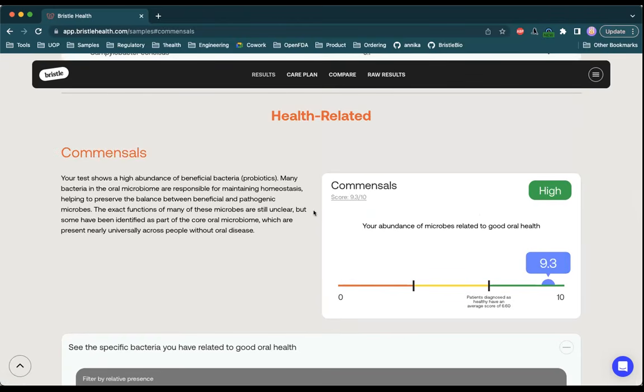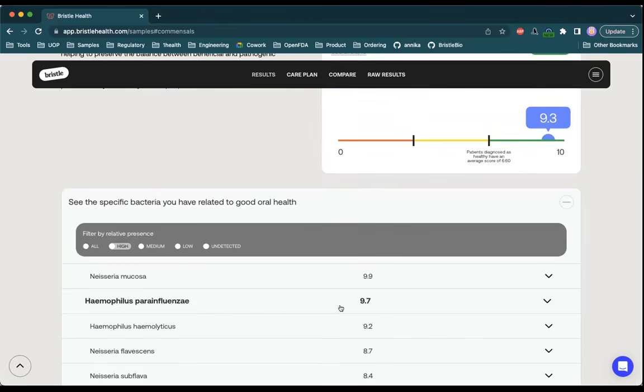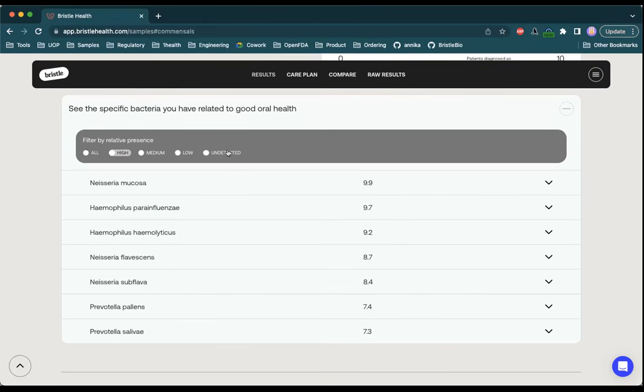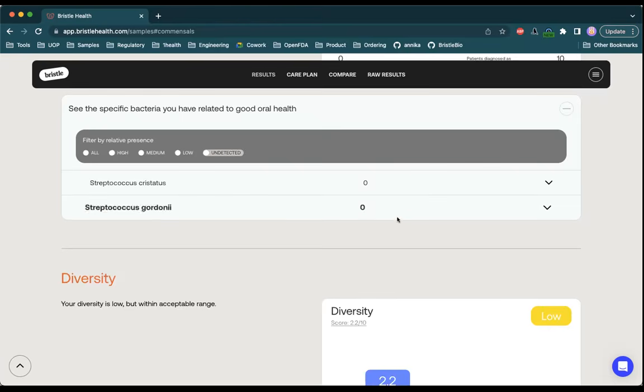That kind of gets into the commensal score. In the commensal score in here, the undetected is very important because these are the ones you kind of want to boost. Like in my mouth, I had no Strep gordonii, and this is important because Strep gordonii is really good at counteracting Strep mutans. Fortunately, I don't have any Strep mutans, but if it were to be introduced in my mouth, I would be more susceptible to it because I'm lacking this.